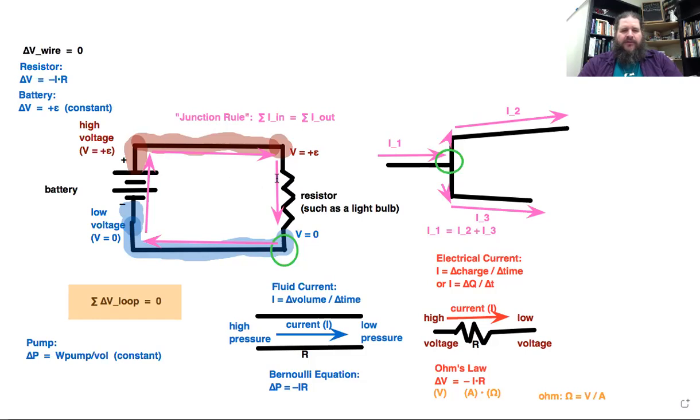So let's say, for instance, we have a resistor whose resistance is, let's say, 30 ohms. And let's say that battery is 9 volts.